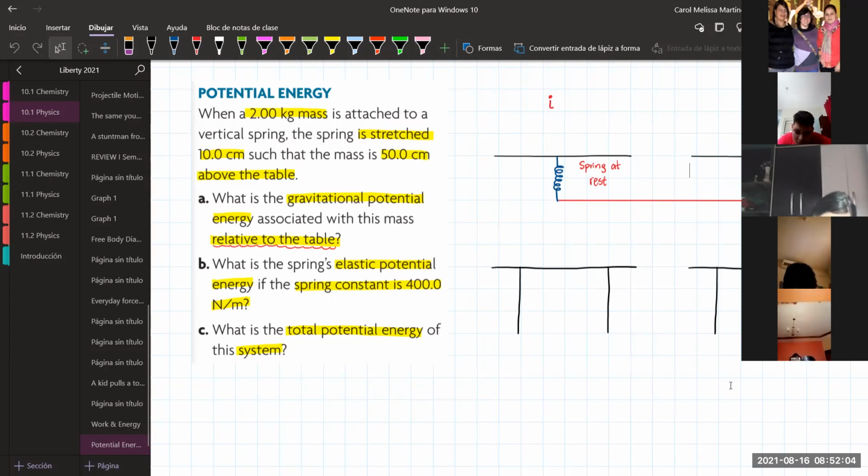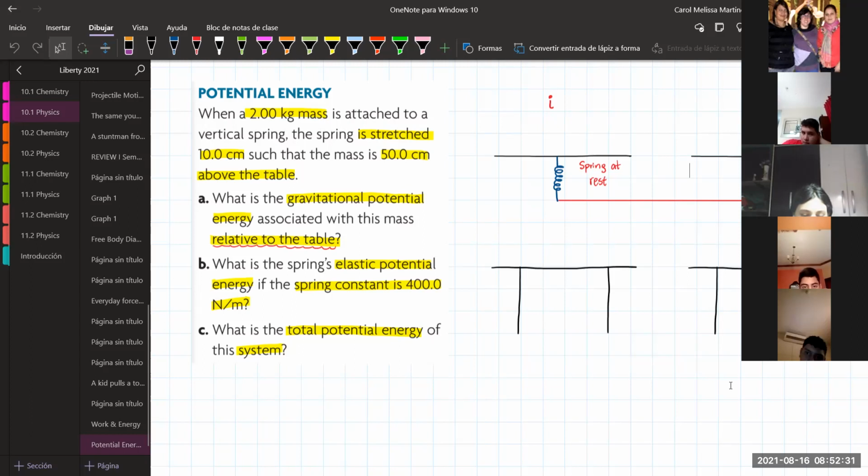So from the table to the mass, I have a distance of 50 centimeters. This distance is relative to the table. I call it h, or the object's height from the table, which is 50 centimeters. So this is the situation that is going on in this problem.